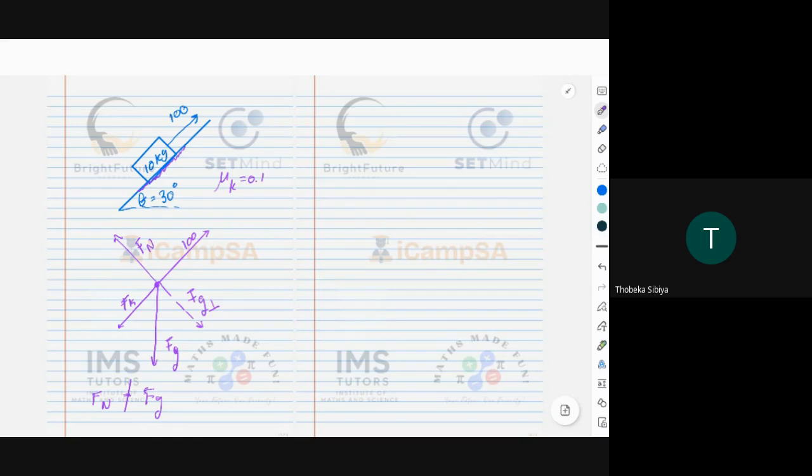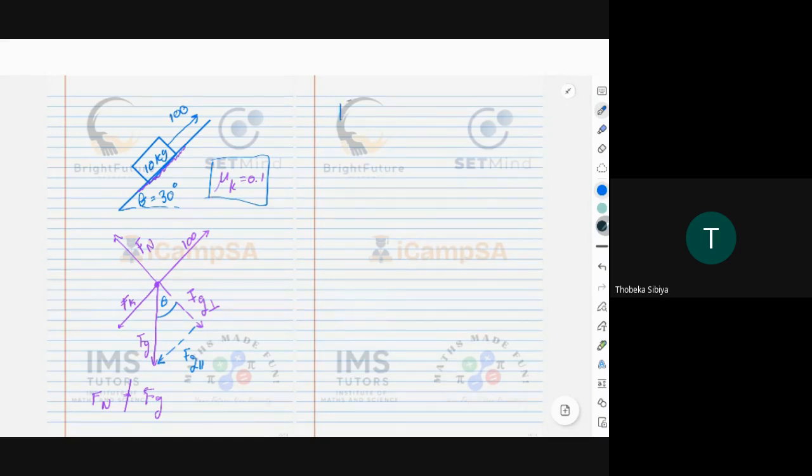So if I can add the components for you, let me just move this Fg, put it this side. This is your Fg parallel. It's parallel to this surface here. That's why we say Fg parallel. So let me put my theta here. Then I can get my Fg parallel and my Fg perpendicular. We are interested in both of them because you only have this.